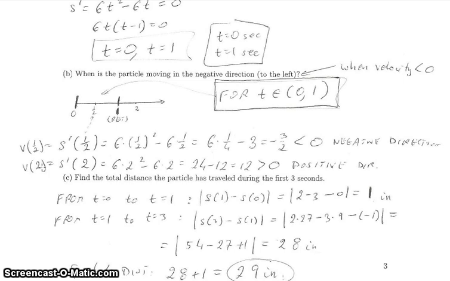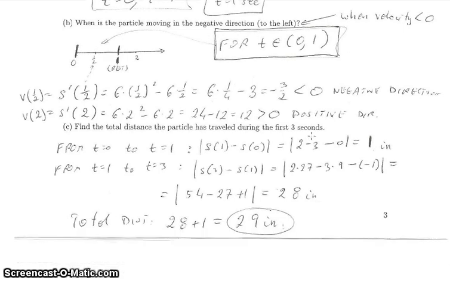I evaluate my velocity at this chosen point and get 12, which is greater than 0, so the particle is moving in the positive direction at any point after 1. So my answer is that the particle is moving in the negative direction, to the left, between 0 and 1, because this is where the velocity is smaller than 0. This is my answer.